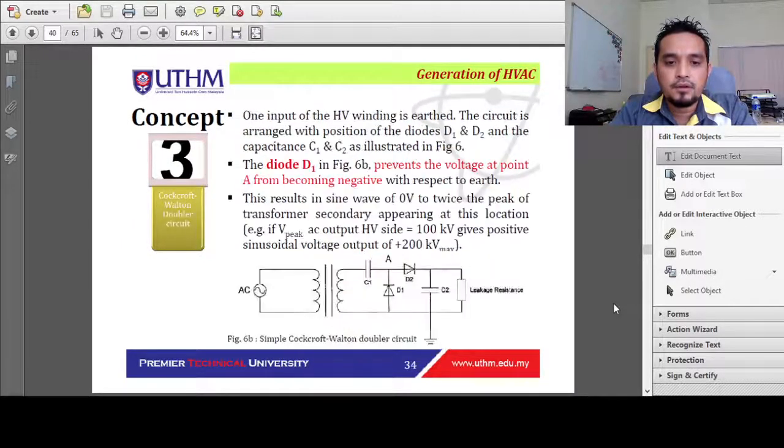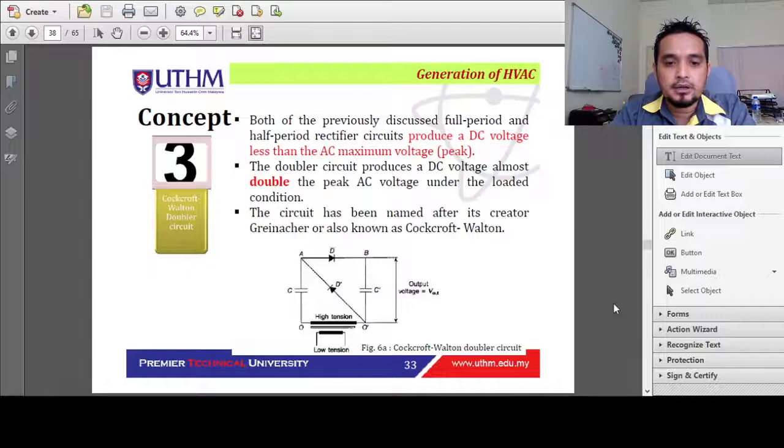Okay, Cockcroft-Walton. This is the circuit arrangement. Cockcroft suggests that the diodes be placed in this way, in which we have the capacitance here and here. With this we can actually obtain a voltage level as high as 2 times, double the expected voltage.